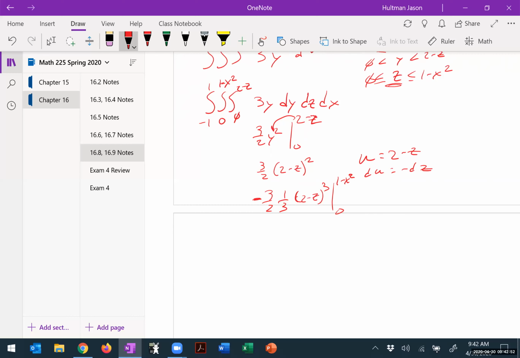The 3's are obviously going to cancel out. I'm going to plug in 1 minus x squared for z. So this is going to be negative 1/2 times 2 minus (1 minus x squared) cubed.